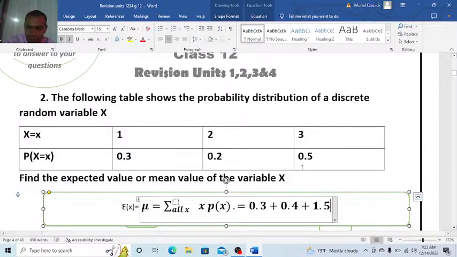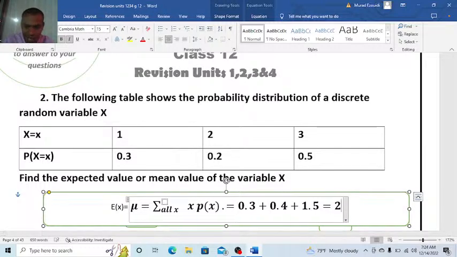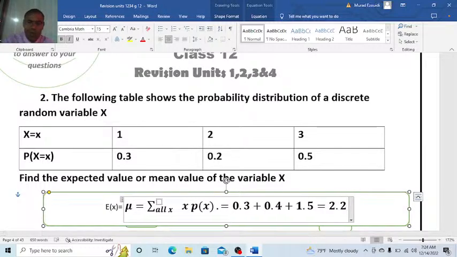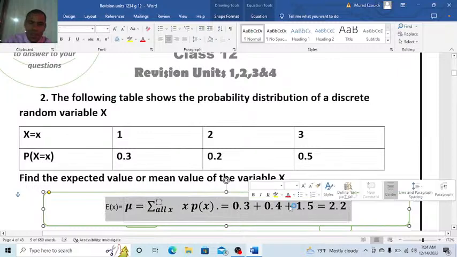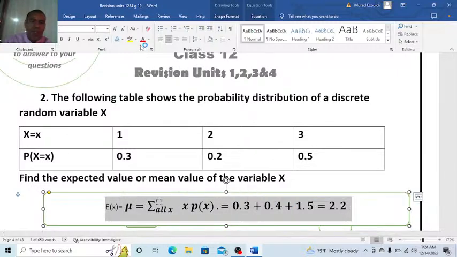So this one, my learners, it will be 2.2. If we use a calculator, it will be 2.2. Therefore, the expectation value, or the mean value, is in fact equal to 2.2.